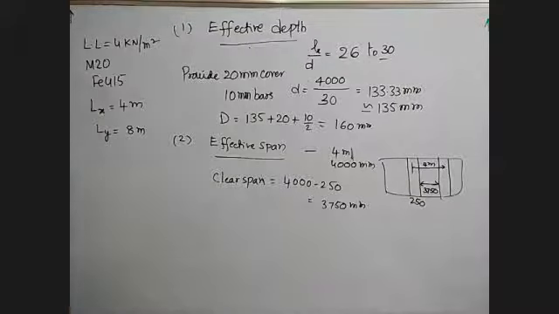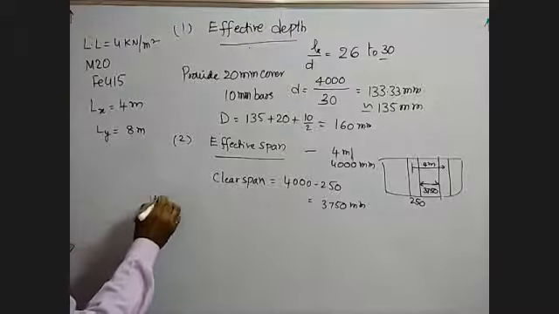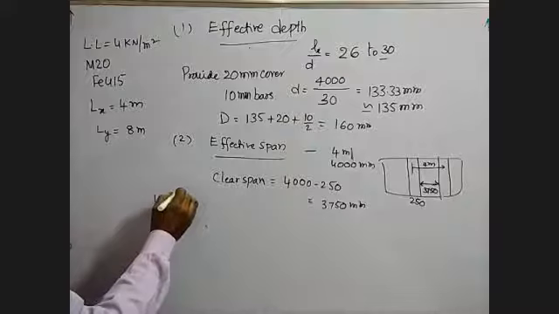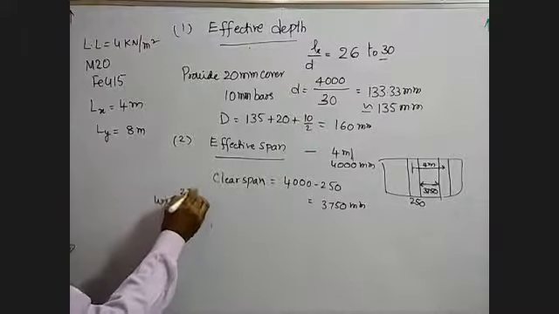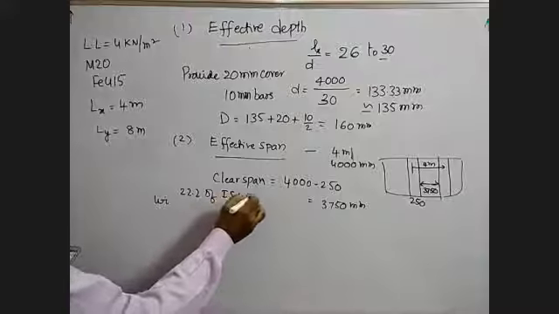So for continuous slabs, there is a clause here, regarding the width of the support, that is clause 22.2 of IS 456:2000.